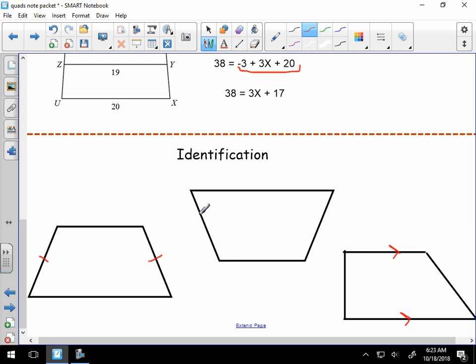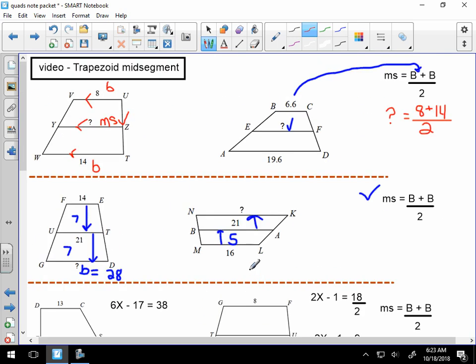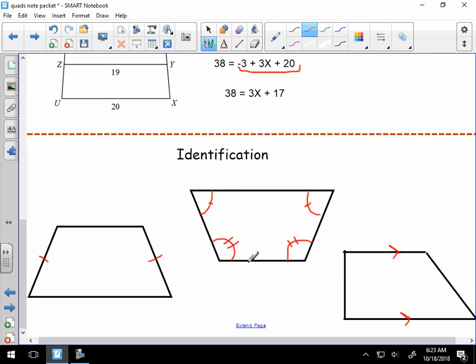And then the final way they could tell you is if they give you one set of base angles that are equal, they could set it equal to that. And sometimes they're kind enough to show you that these 2 base angles are equal as well. Alright, so that is the trapezoid mid-segment theorem.